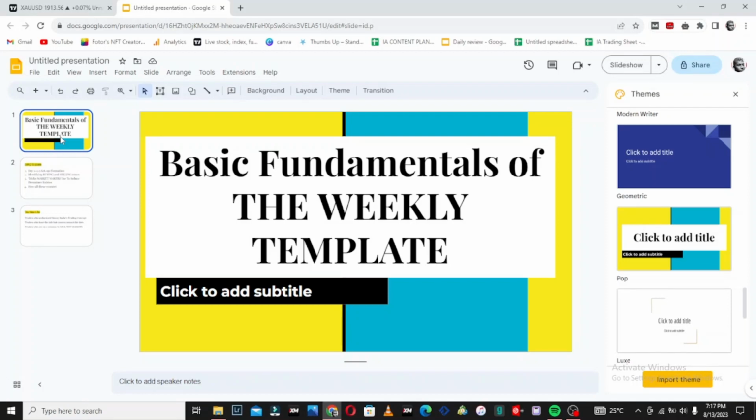Today we'll be talking about the most important aspect in trading this type of strategy: the basic fundamentals of the weekly template. If you understand this building block, then you will for sure be profitable. That is a guarantee.